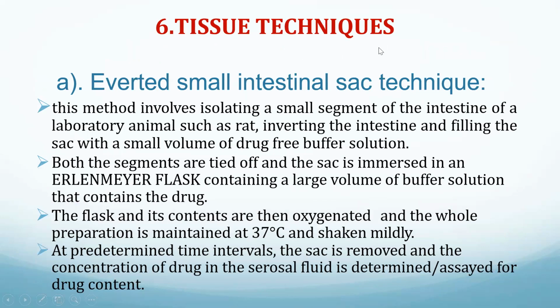Next technique is tissue techniques. In tissue techniques, there are 4 techniques. Everted small intestinal sac technique is the first one. In this method, a small segment of intestine is isolated from the animal, that is the rat, and then the intestine is inverted.